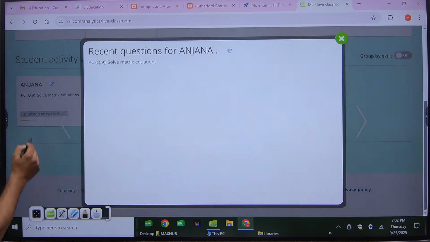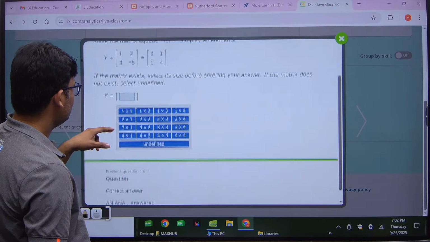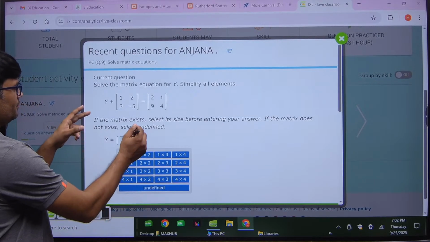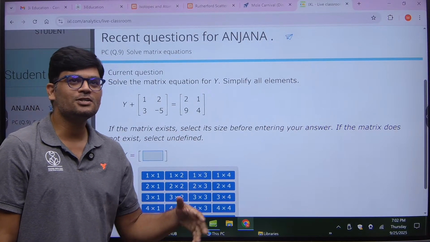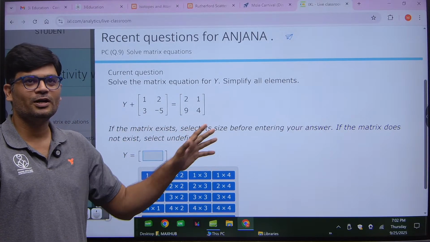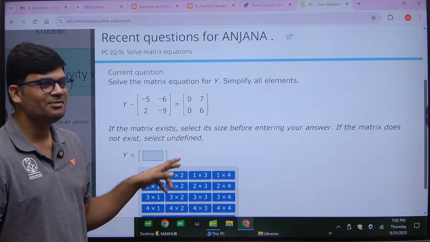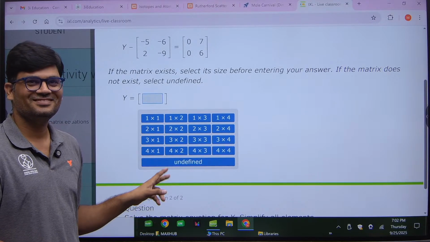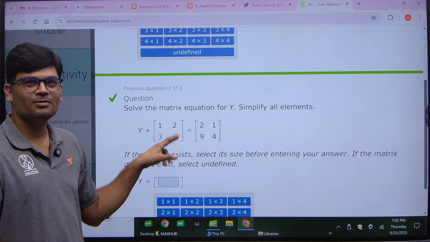Very good. So well done. Next question. If we have 3-4 students, all the students do at the same time, I can look at what they are doing. So this is connected with me. You can see how many questions you have done correct, wrong.